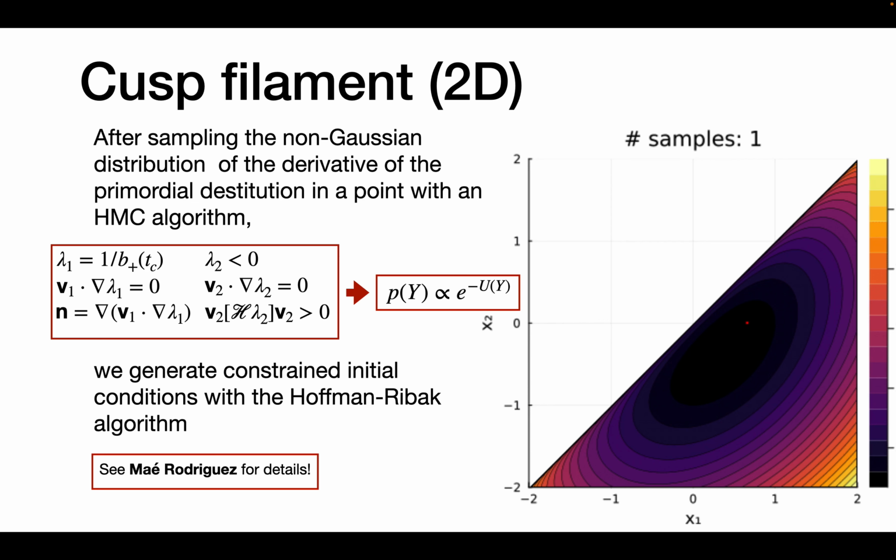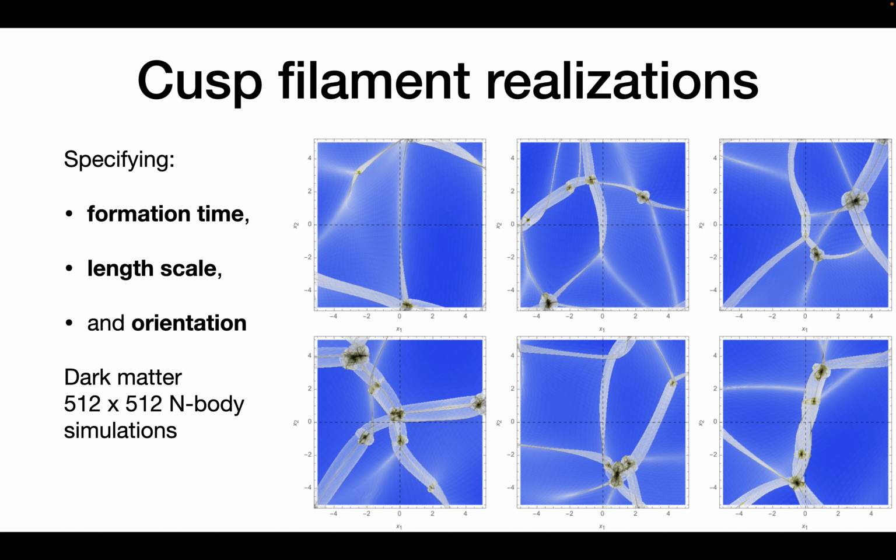If we now implement this using Hamiltonian Monte Carlo constraints, then what we find is that we can run N-body simulations and see how these initial conditions with these very simple nonlinear constraints lead to different structures in the late-time universe.